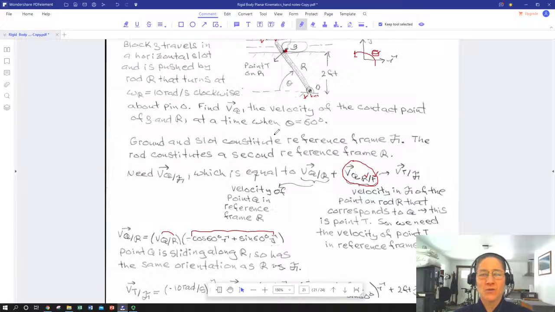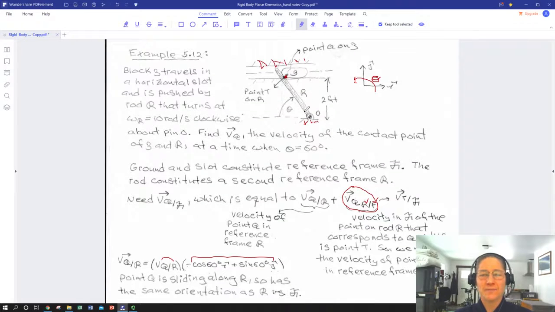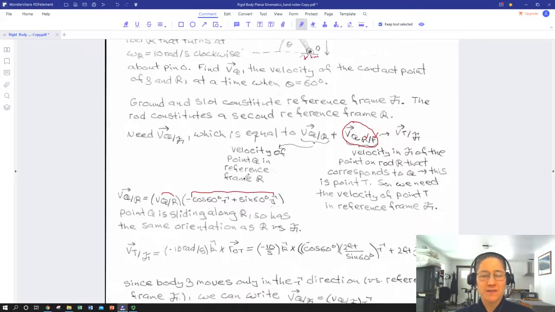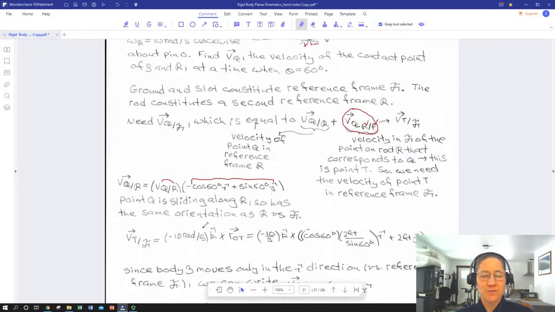Okay, well, the rod's rotating, right? So what we're looking for is the velocity of some point on this rod. So we can look at that as pure rotation. So we know the rod is rotating at -10 radians per second because it's clockwise, and positive rotation we defined as counterclockwise.